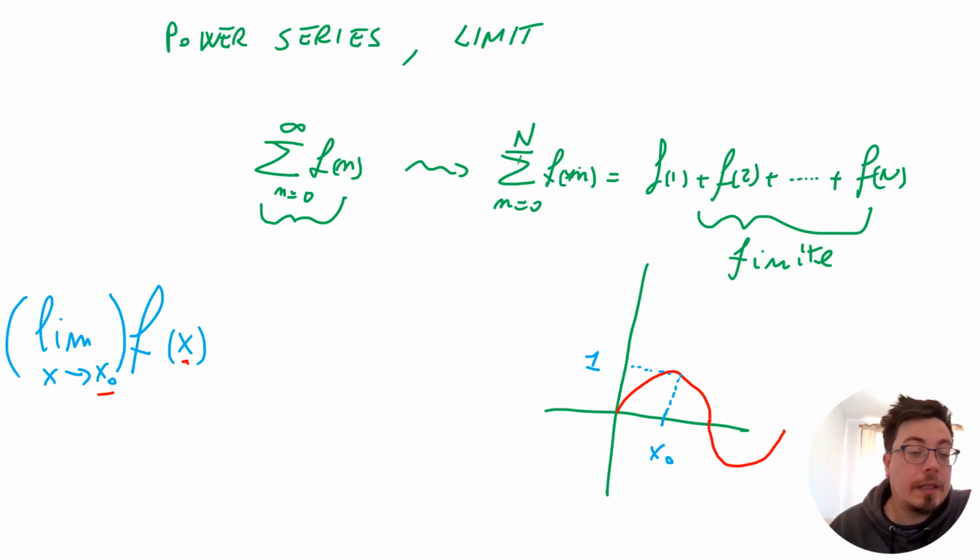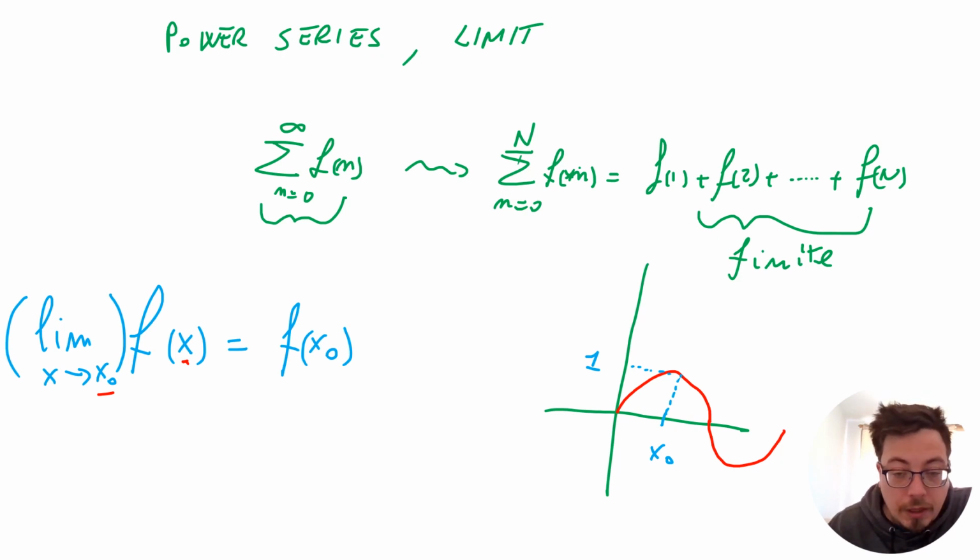But what does that mean actually? This means that in this case the limit is exactly f of x0, because we know the function in this position.